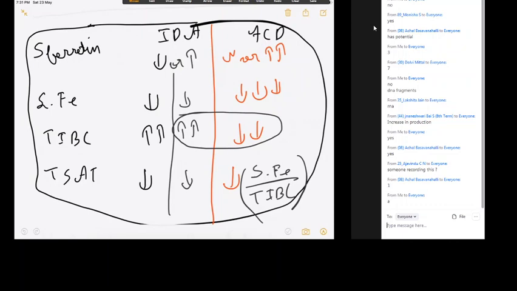Now what will happen to your TIBC? TIBC is nothing but how desperate you are to get iron. See, your stores are already full. Will you want more iron? No, right? So your TIBC should be low. This is the main difference between anemia of chronic disease and iron deficiency anemia.